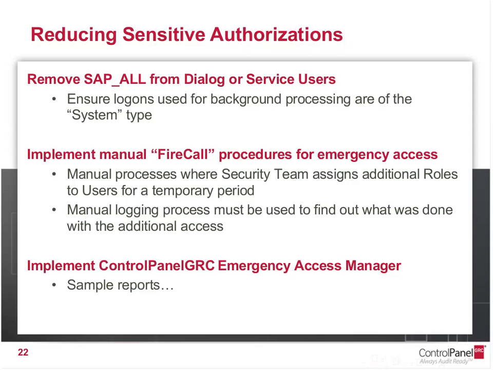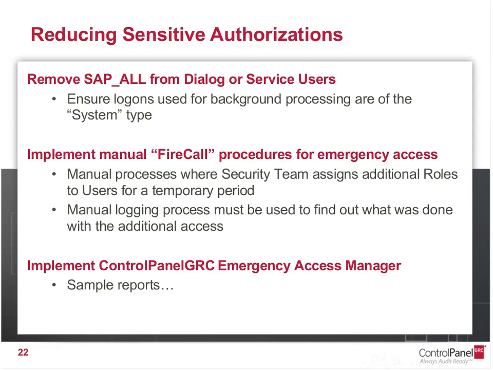The help desk ticket contacts the security team. The security team provisions that additional access for a temporary period. The user signs in, does their work. The security team deprovisions the access and then goes in and does some reporting to sign it off. Now, it's a time-consuming process, but that's the type of thing that your auditors are going to want to see being done. We have an automated solution for this.